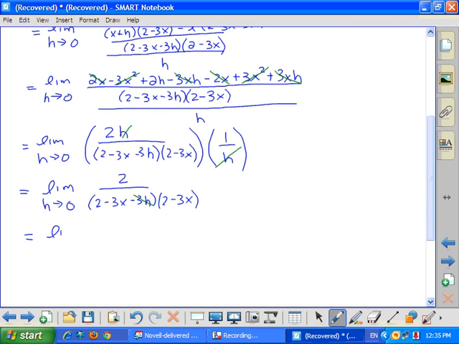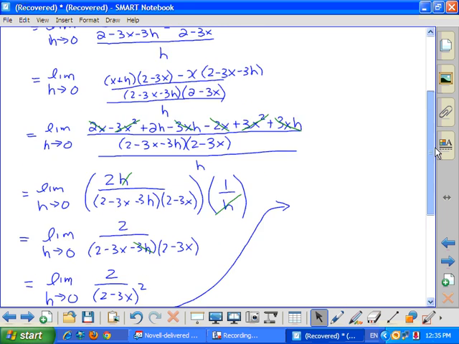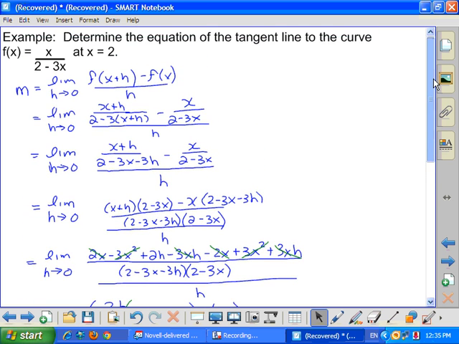So the limit as h approaches 0 is 2 over 2 minus 3x squared. All right, so therefore, the slope of any tangent line is defined by that expression there.